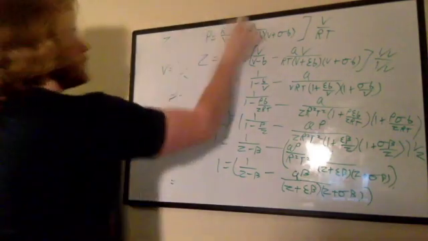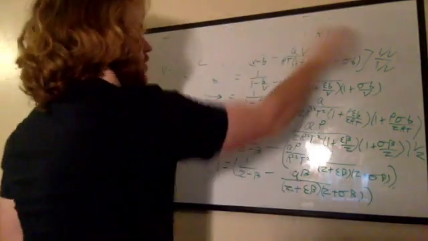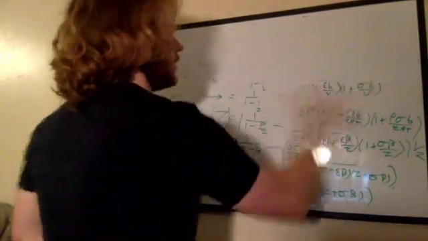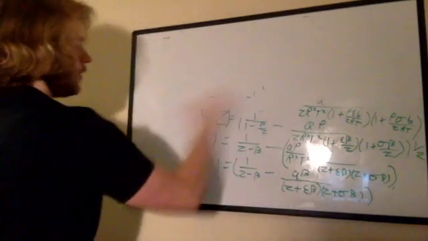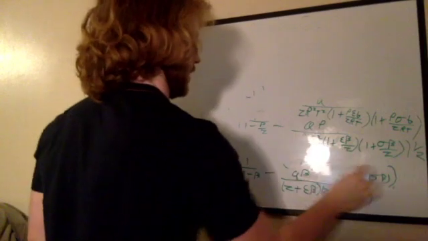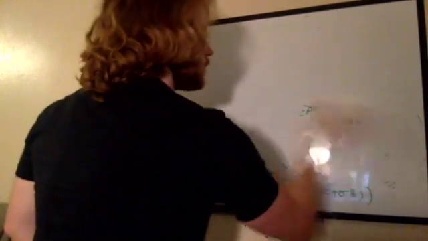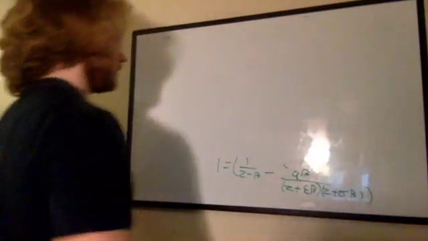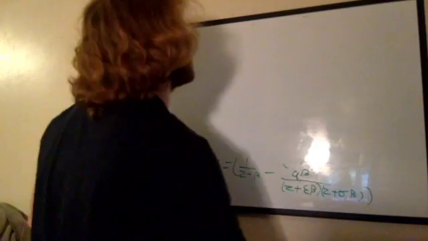There we go. And we'll just rewrite this equation up top and multiply by all of the denominators. Alright, let's go ahead and rewrite this up top.